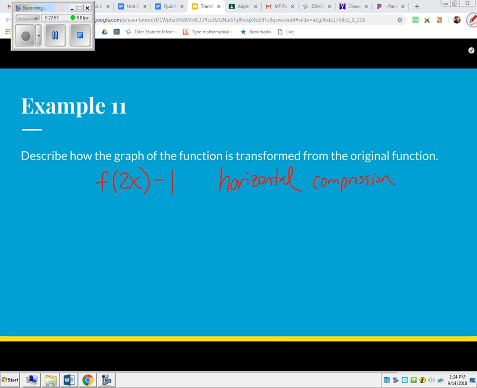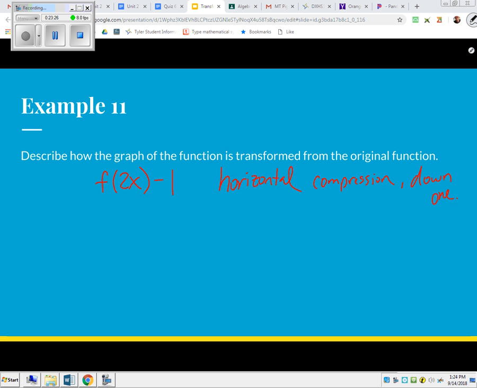I'm subtracting 1, so it's going down 1 unit. For what we're going to do in here, we won't have a lot that has a horizontal compression and a horizontal shift, because I'm going to talk about that a little bit on Tuesday, but for right now, I don't foresee us having a whole lot like that.